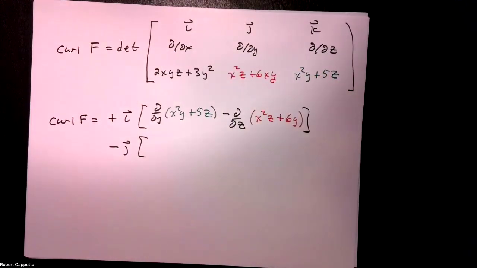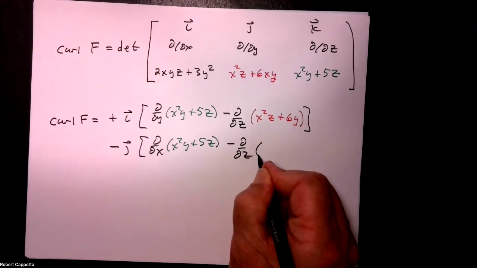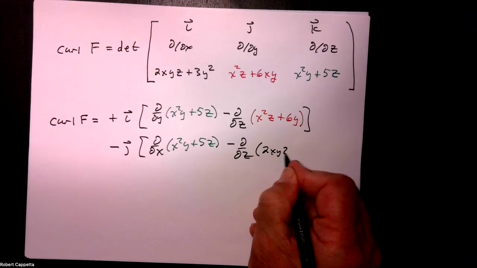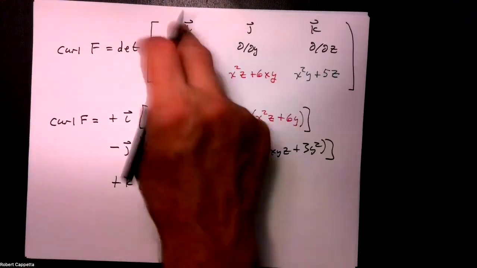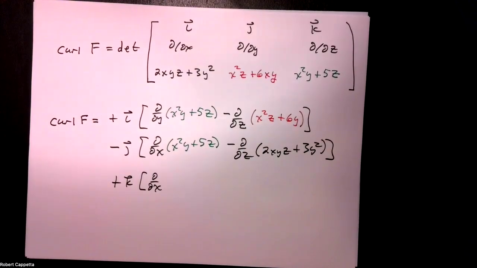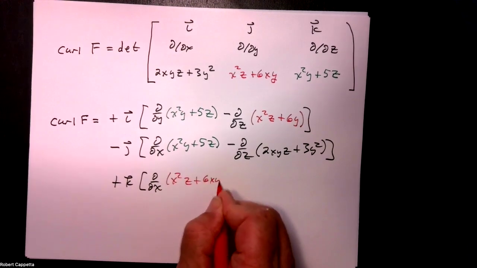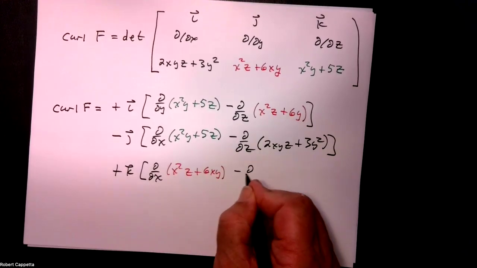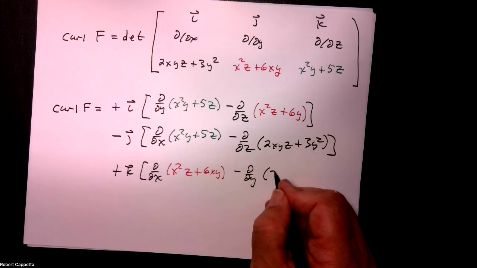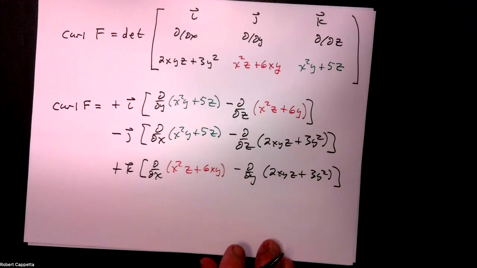Partial with respect to x of x squared y plus 5z, minus partial with respect to z of 2xyz plus 3y squared, plus k times partial with respect to x of x squared z plus 6xy, minus partial with respect to y of 2xyz plus 3y squared. So what does that give us?